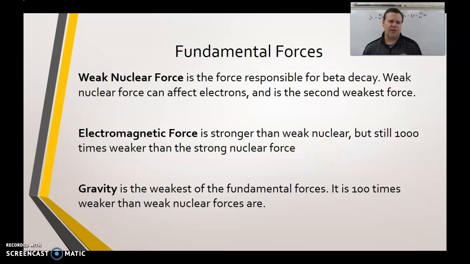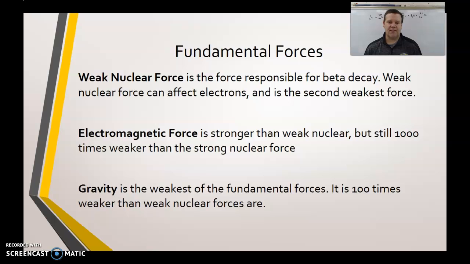Weaker ones would be the weak nuclear, the electromagnetic, and gravity. The weak nuclear force is probably the least talked about one, at least for what we're doing. But it's what causes beta decay. It can affect electrons, but it's just not a real strong force, and not the most talked about one either. One that we do talk about quite a bit is the electromagnetic force, and it's stronger than the weak nuclear one.